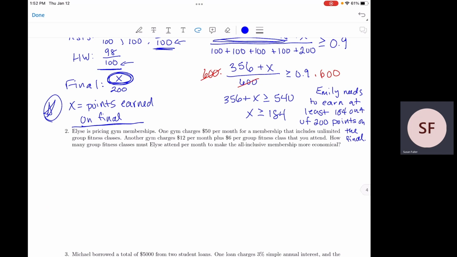If you want to write that as a percentage, 184 points out of 200 is a 92%. So you could also write that as a 92%.